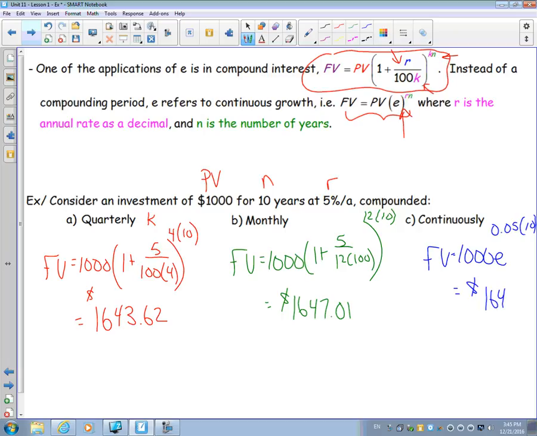Well, again, we have just slightly more, but the nice thing is we haven't actually done anything different. Just let the calculator do more operations for us. By doing that continuous growth, we've made almost $5.10 more than we would have just by calculating it quarterly. So it's just a slight small example of how we can use E as continuous growth.